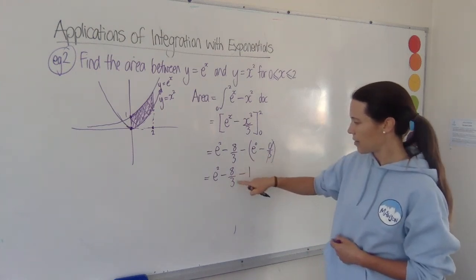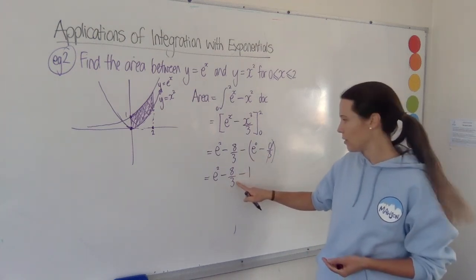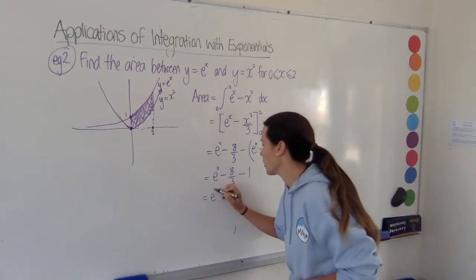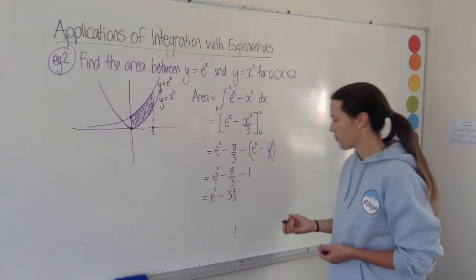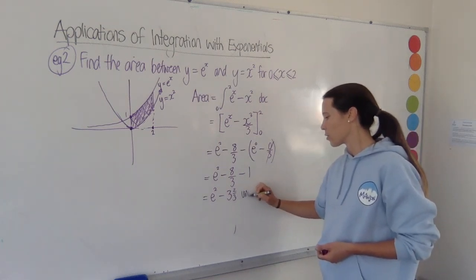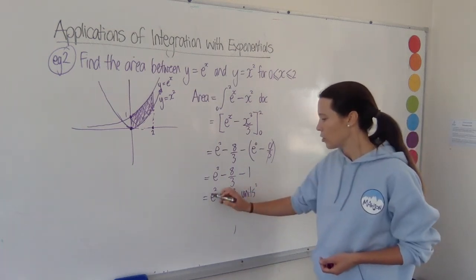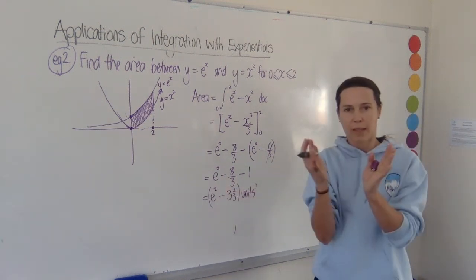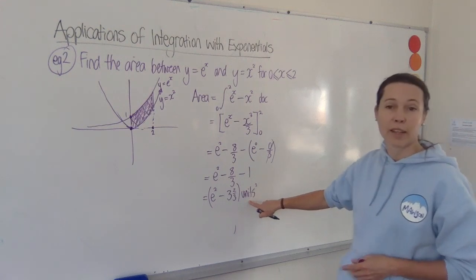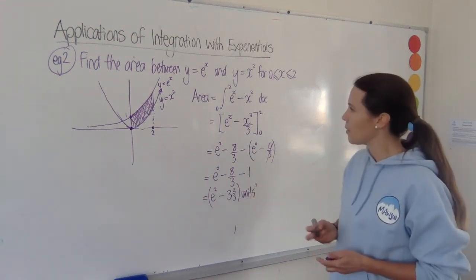Now I know that 8 thirds is 2 and 2 thirds, so I've actually got e squared minus 3 and 2 thirds, and that's how many units squared I have, which you can just write with or without the brackets there. I think the brackets is nice to say that's our number, and you can write u squared to save time there as well if you like.